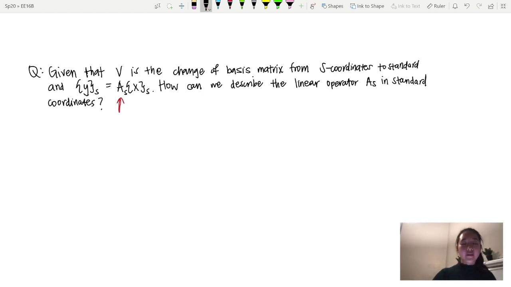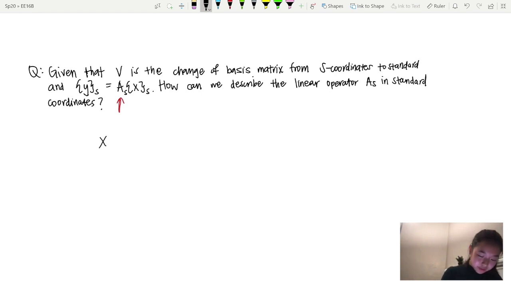So a great way that I like to start out with is just drawing the diagram of what matrix does what and what basis options you have, because it can often get really confusing where you're trying to get and what you already have.